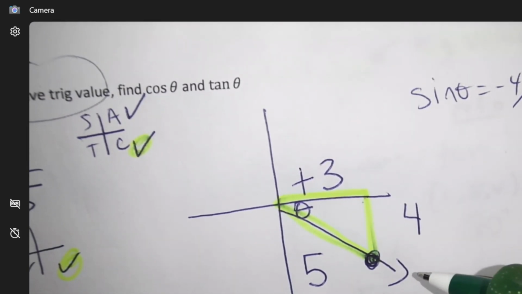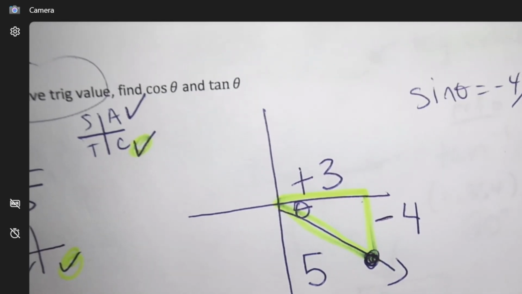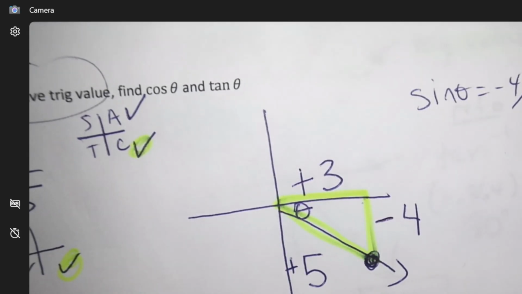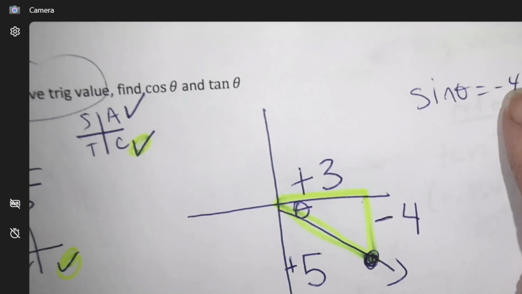This 4 is a y value. What kind of 4 is it when you move down? Negative. The radius, no matter what, is positive. You can't have a negative radius of a circle. Okay, so that's why we have the negative 4/5.